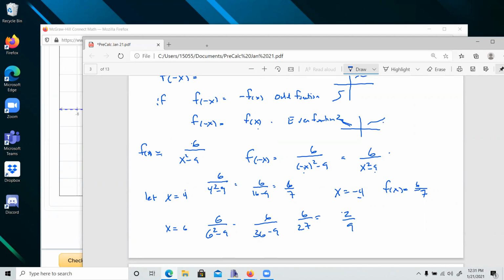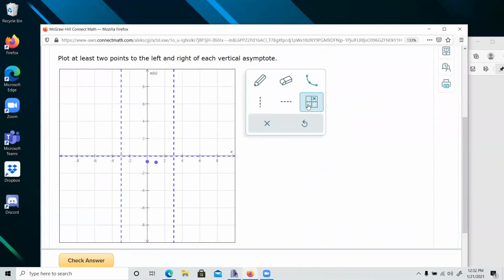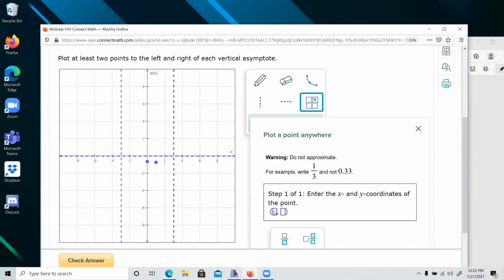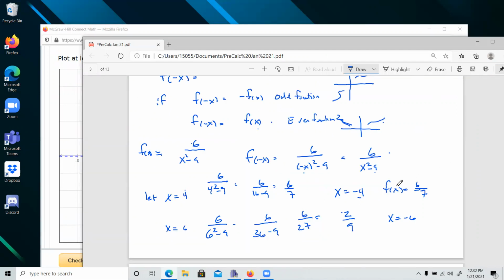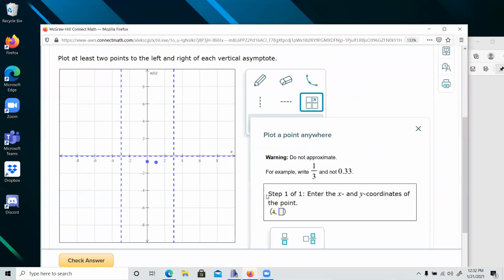Okay, and I also know that when x equals negative 6, y is equal to 2/9, assuming I did this arithmetic correctly. Right? So let's go ahead and plug in. We've got 4 points to plug in here. Of course, I wasn't going to remember that. 4 and 6/7.